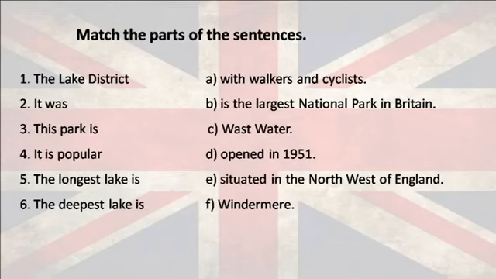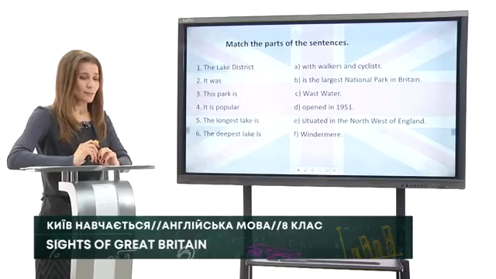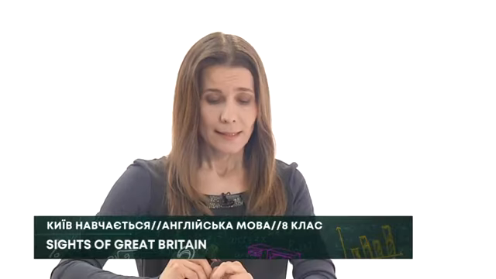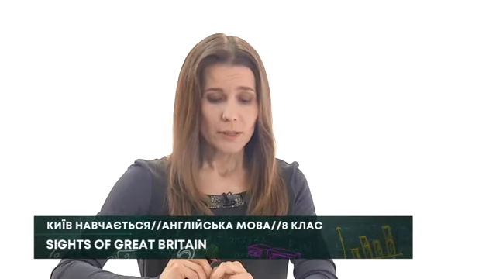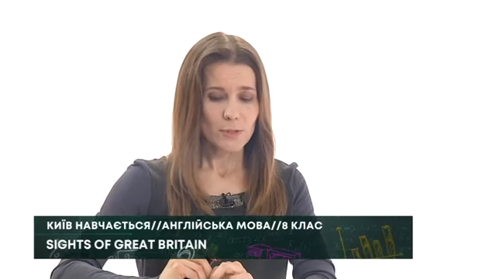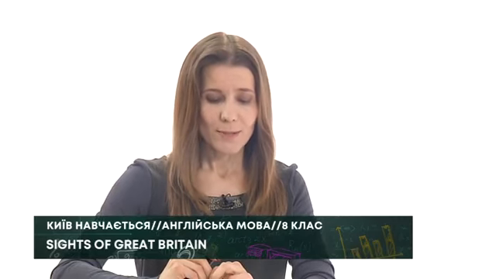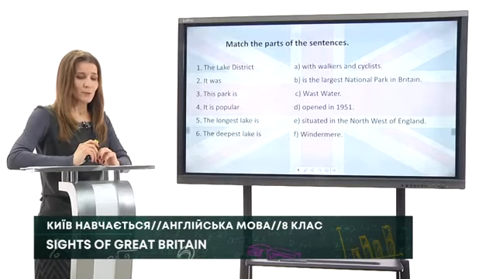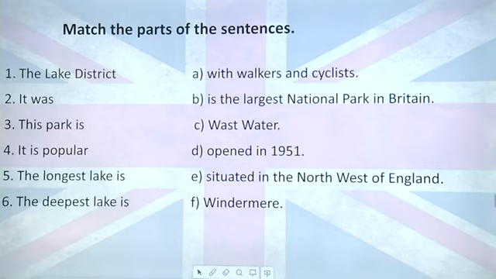And the highest mountain, which is called Scafell Pike, it is 978 meters high. In 1810, William Wordsworth described the beauty of the Lake District in his poems. His works and poems of other romantic poets attracted visitors to the lakes. And now the Lake District is one of the most popular tourist places in Britain.